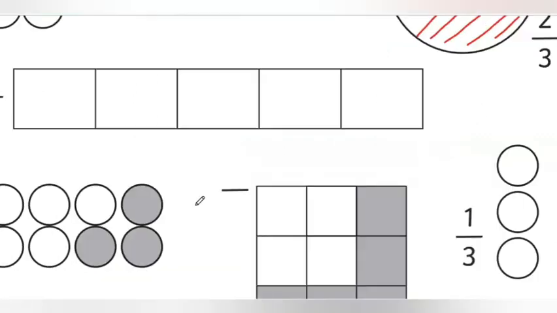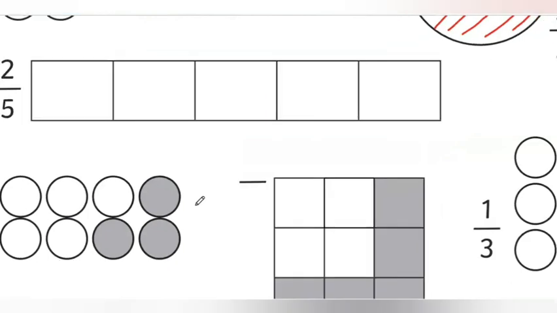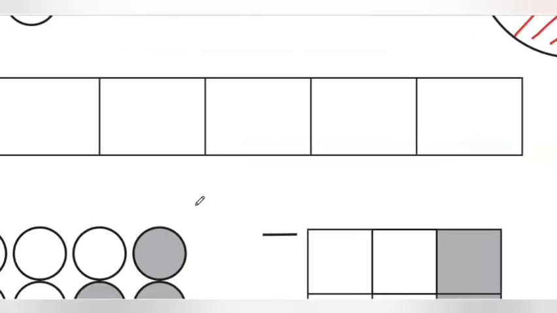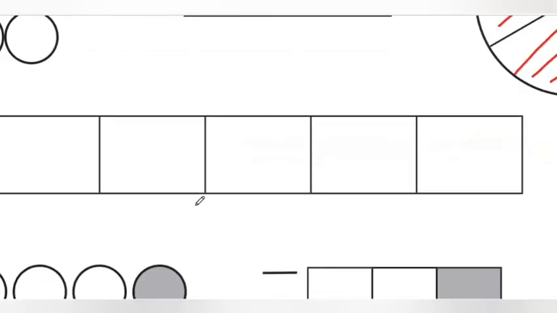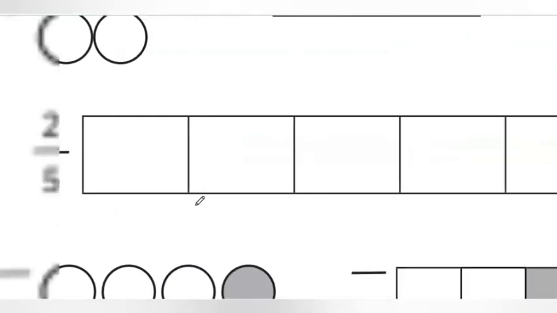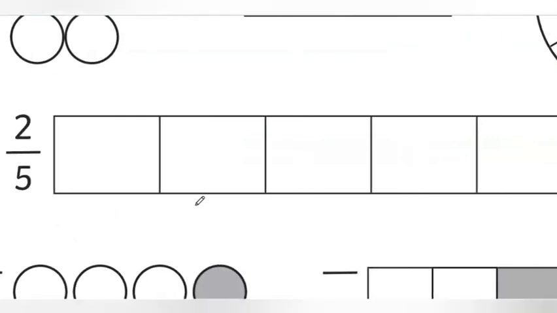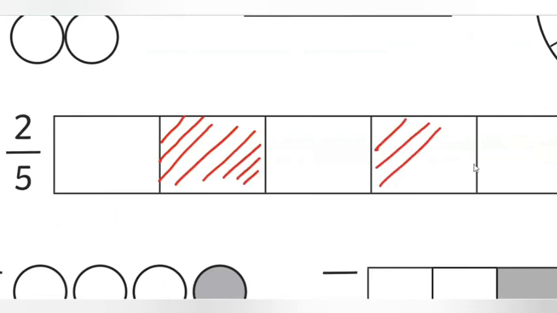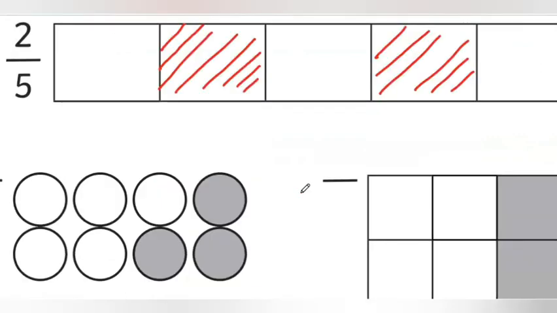Okay. Here how many equal parts are there? 5 equal parts are there. We have to color how many parts? 2 parts. Then we can color it like this. Anyway, according to your desire, you can do this coloring.